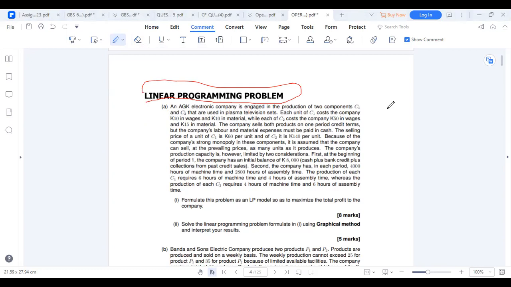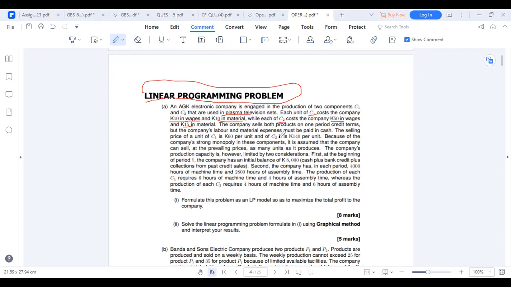The C1, which is component 1, and the C2 that are used in the plasma television sets. Then each unit of C1 costs 10 kwacha in wages and 10 kwacha in material. So the wages is 10, the material is also 10, while each unit of C2 costs 50 kwacha in wages and 15 kwacha in material.